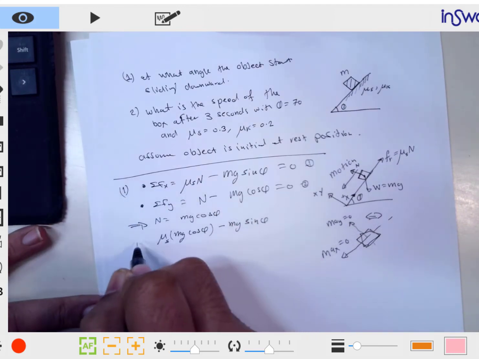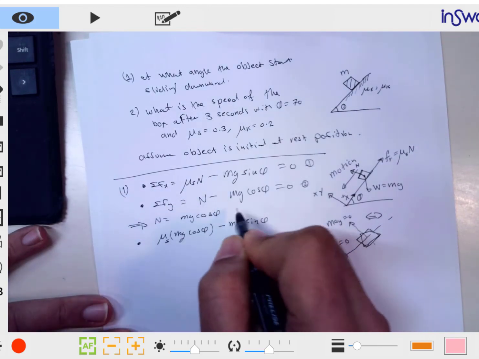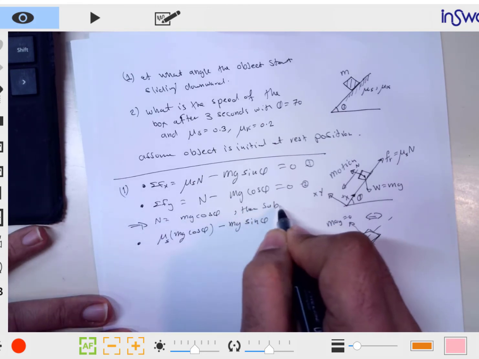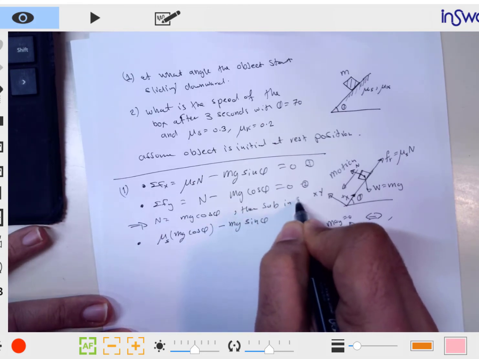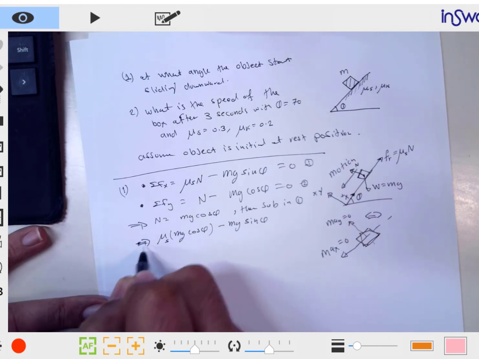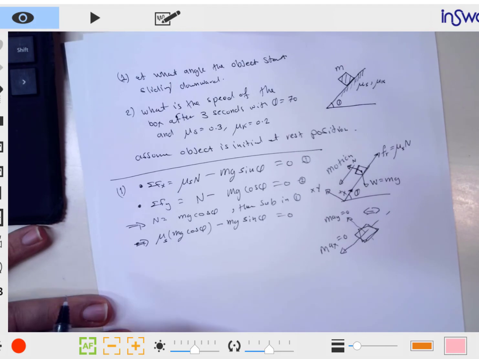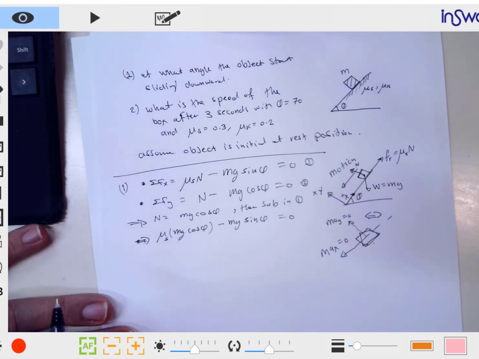Just to be a little bit more organized, substitute this in the first equation and we get this, and this is equal to 0. Okay, so I want to find the requirement.